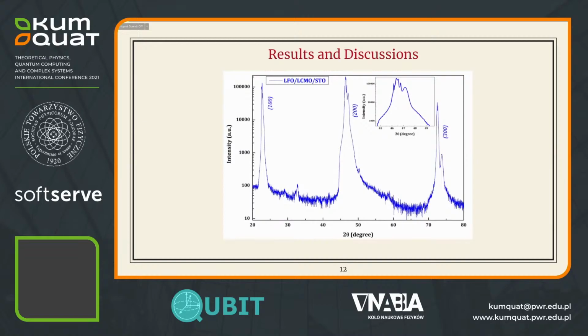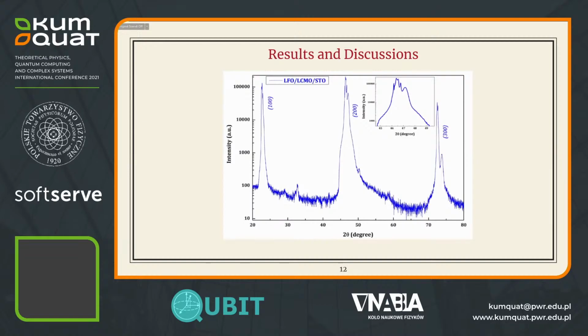After that, I had grown a 100 nanometer thick LCMO layer over this. Because the LCMO layer grew within the same orientation as that of the substrate, we did not see any extra thing. And above that, I have grown the LFO layer, that is LaFeO3, which is a multiferroic, above the LCMO. It also grew in the same direction. So that's why, again, the same peak was modified instead of new peaks being formed.